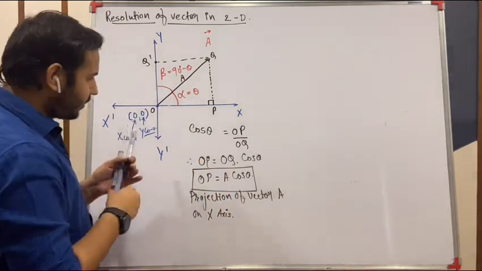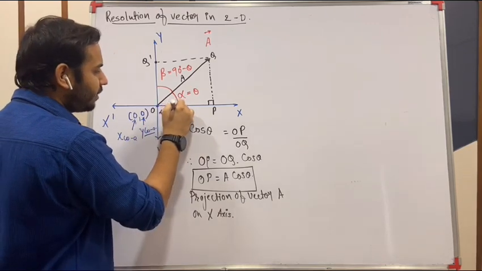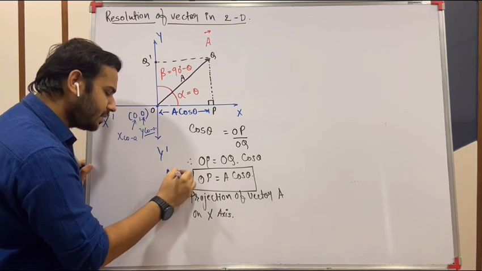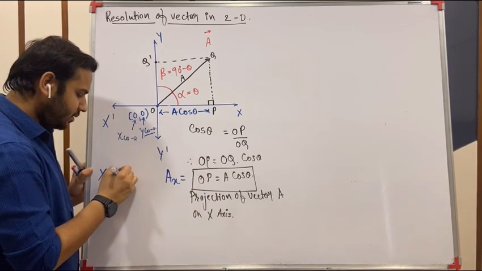Okay, so this length is called A cos theta. You can say this is AX, x coordinate.